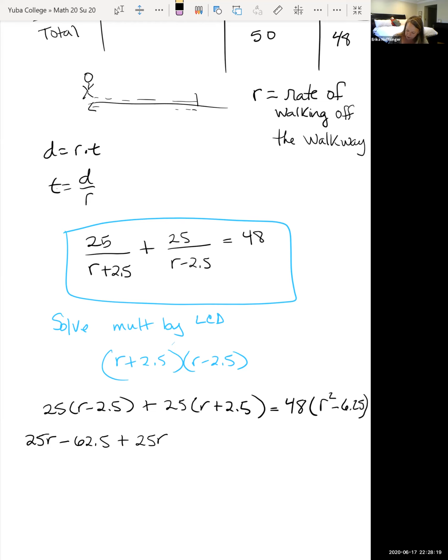This is going to give me plus 62.5 is equal to 48r squared minus 48 times 6.25, which is 300.